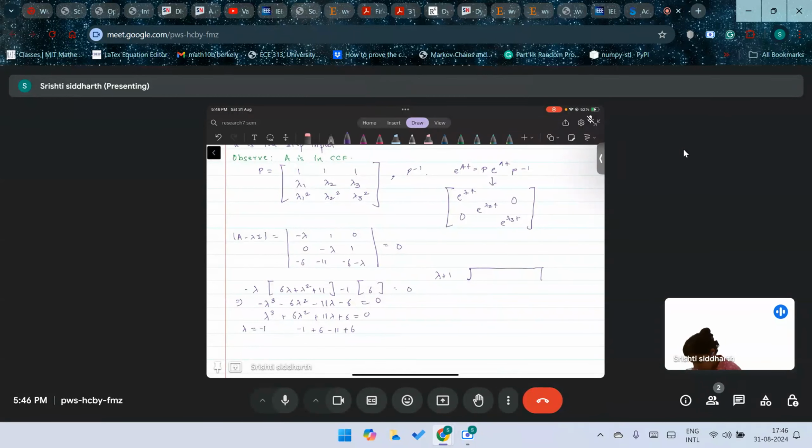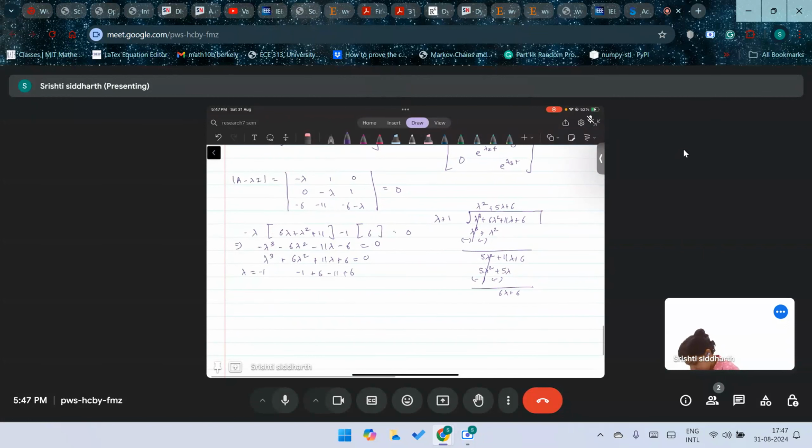So one of the roots is lambda plus 1. We get 5 lambda square plus 11 lambda plus 6. Then we have 5 lambda again. We have lambda plus 1 times lambda square plus 5 lambda plus 6 equals 0.